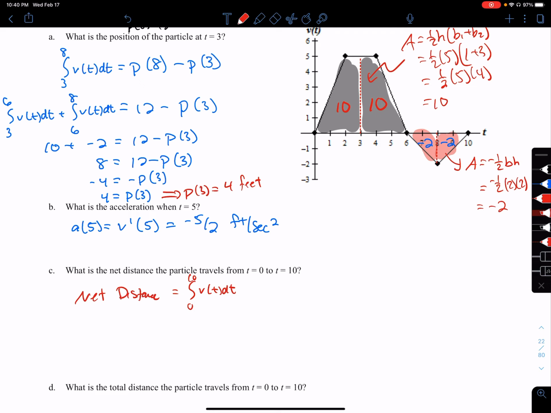If you didn't want to break it down like that, you wouldn't have to. So I'm going to go 0 to 6, the velocity's antiderivative, and then from 6 to 10, the velocity's antiderivative. So this is 20 and negative 4. So I'm going to get 16. The net distance is 16 feet.